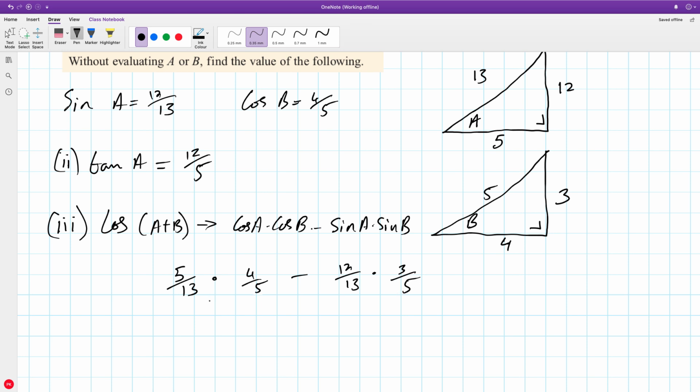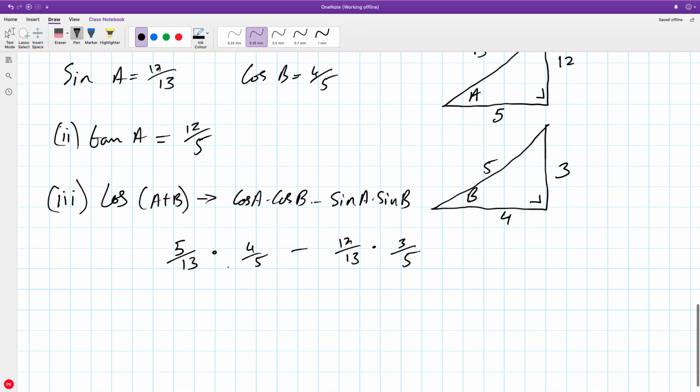Yeah? So 5/13 multiplied by 4/5 is 20/65, minus 3 times 12, which is 36/65, which breaks down into minus 16/65.